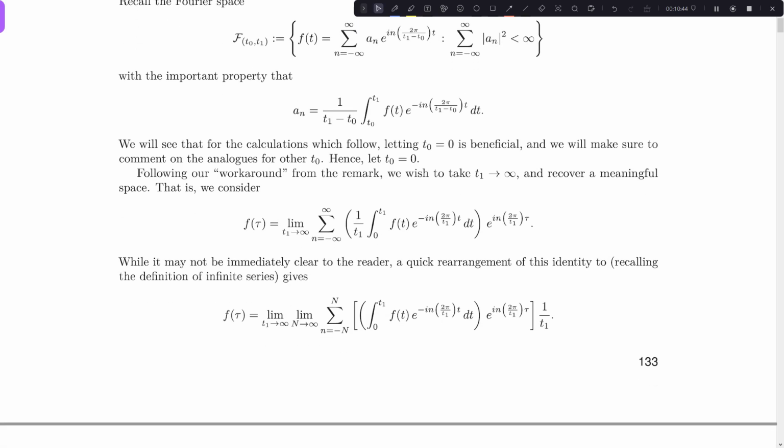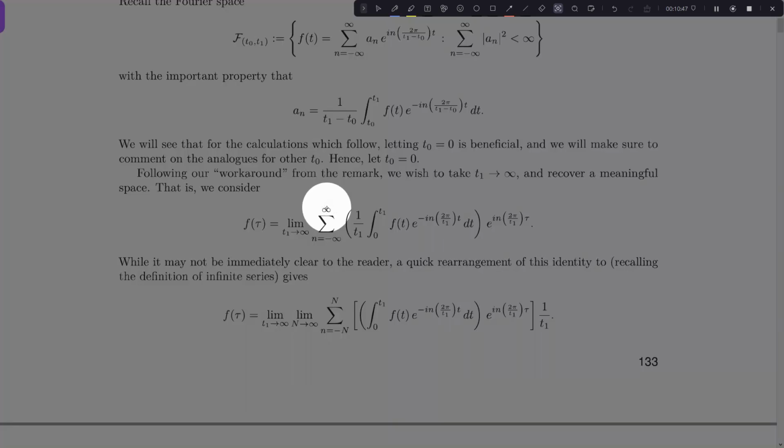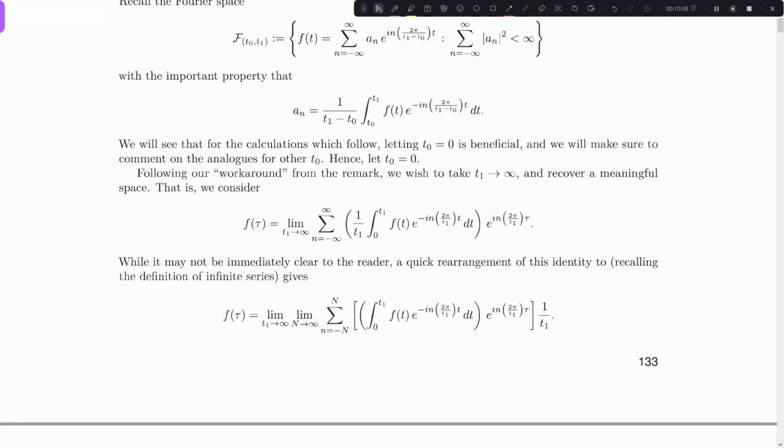Well, I can reinterpret that infinity and that infinity as a capital N. This is how we define infinite sums, right? We let the capital N tend to infinity of that infinite sum. But then I have to do something a little bit clever, and it's maybe not so clear that I should be able to do this. Both of these limits are going to infinity. One line above, or even in this line, they go to infinity separately, but let's couple them together.